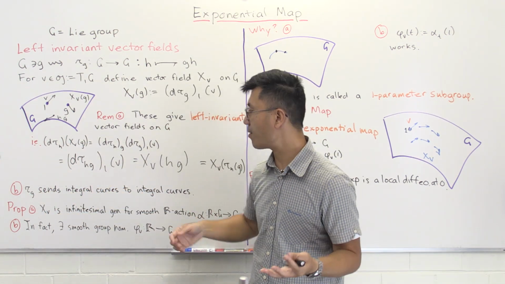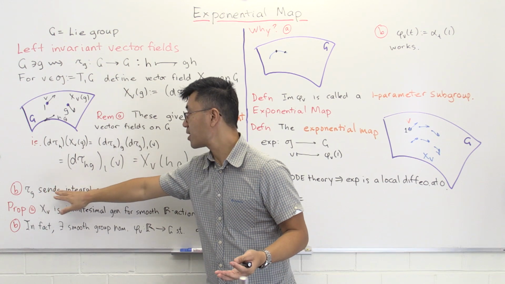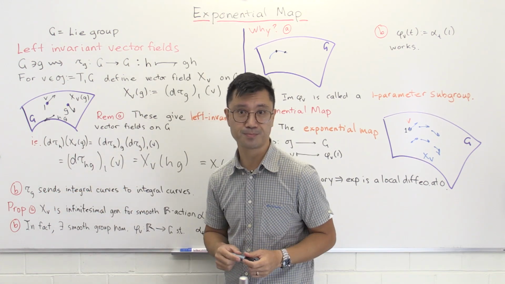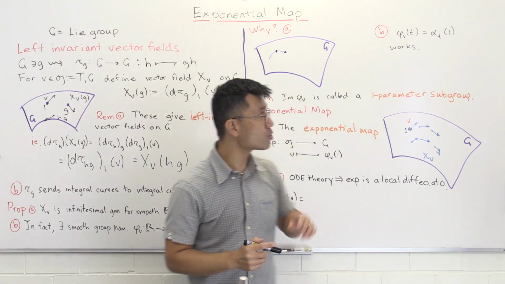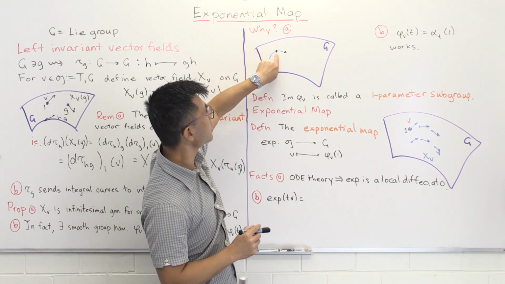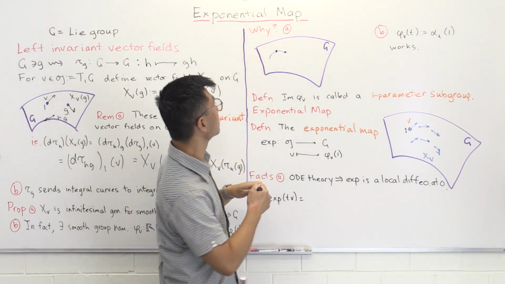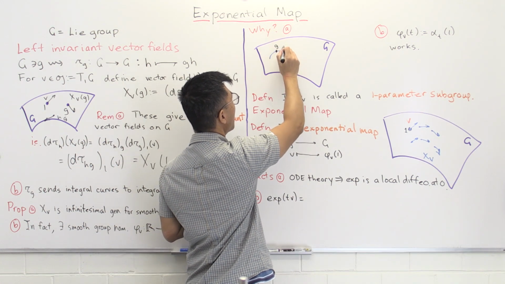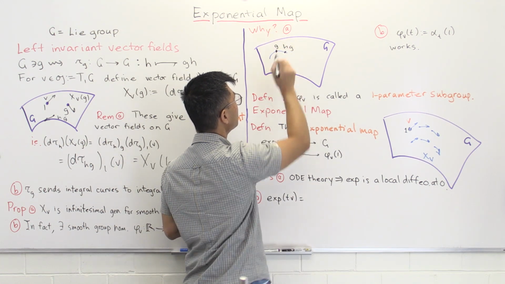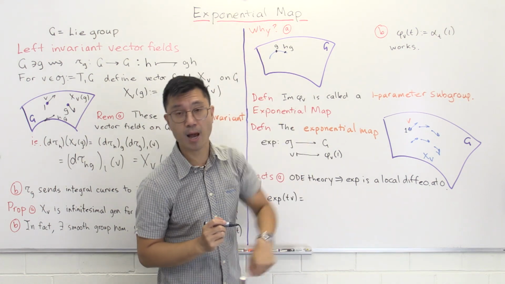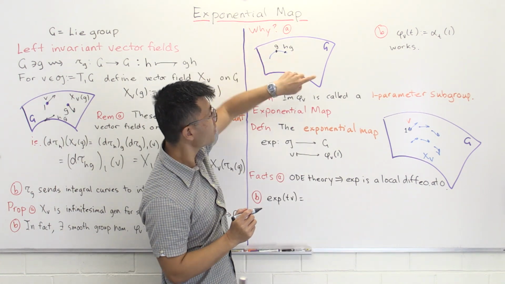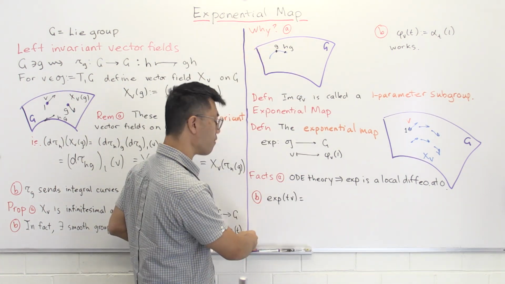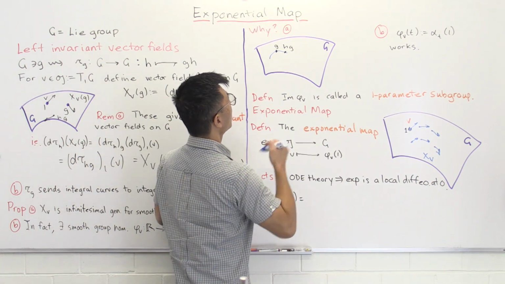The important thing here is that tau g sends integral curves to integral curves. So what we do is we find a group element which translates this point over to this point. So maybe this is g and this is hg. So you can left multiply by h now, and that will move this entire integral curve over like this.